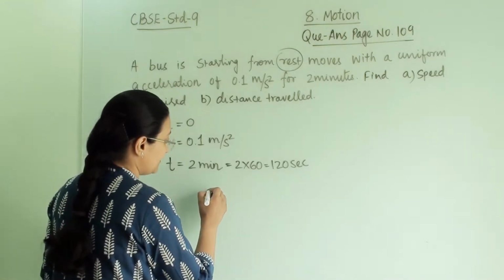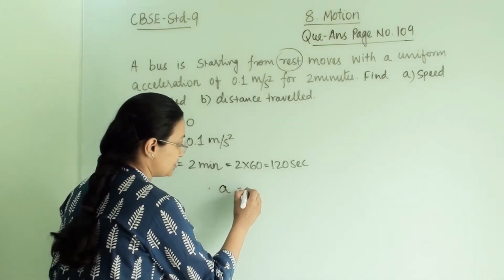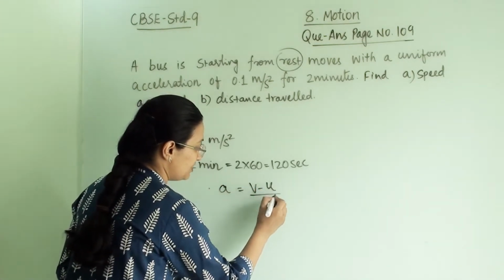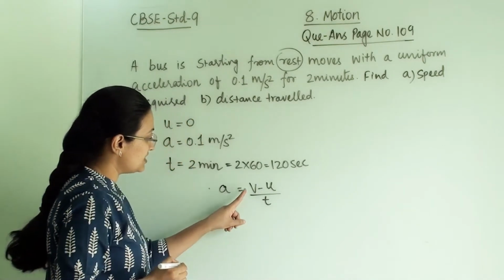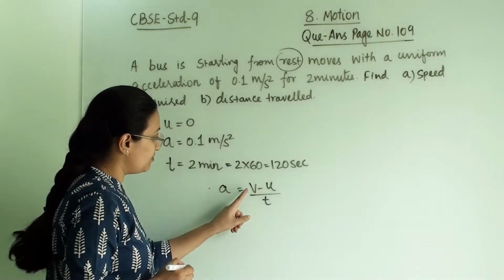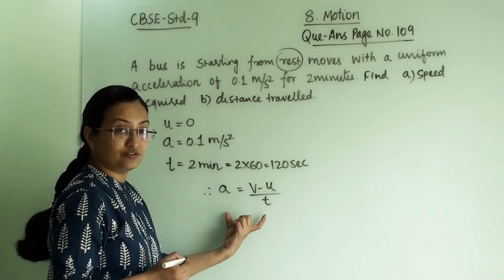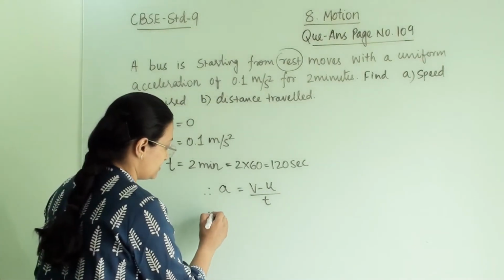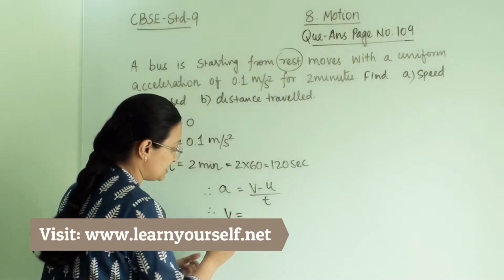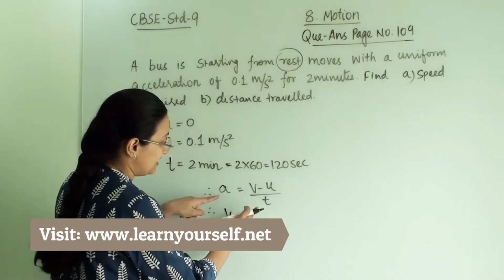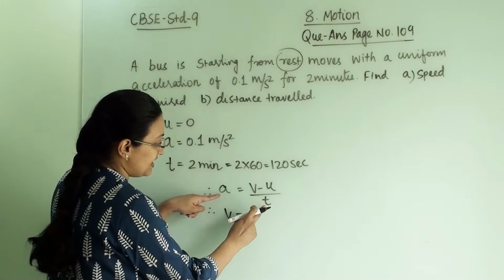We know the equation a equals v minus u divided by t. In this we have all the details, but we need to find v. So let us arrange the equation with respect to v. Here v is final velocity. Let us take a and t together.